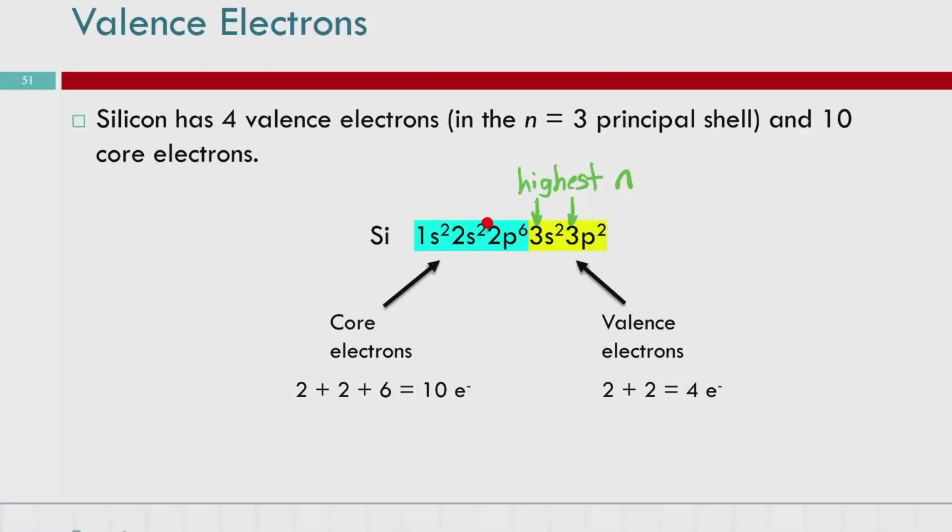We've got 2 plus 2 plus 6 gives us 10 electrons. If we were using our shortcut, neon in brackets, then this represents 10 core electrons. We can also have other core electrons if, for example, they show up in our d orbitals. D orbitals are always going to be core electrons.